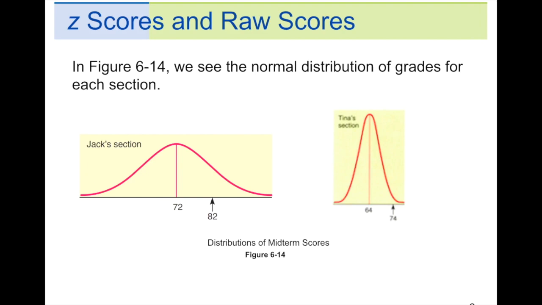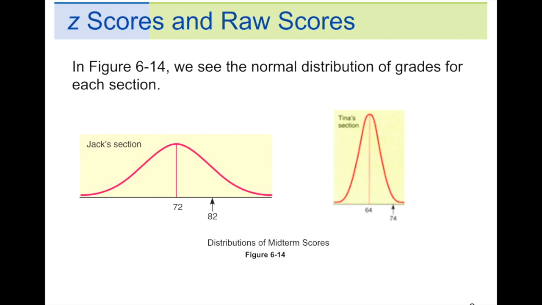In this figure, we see the normal distribution of grades for each section. Notice that Jack's section is much more spread out, while Tina's section is much skinnier, all in a smaller area.